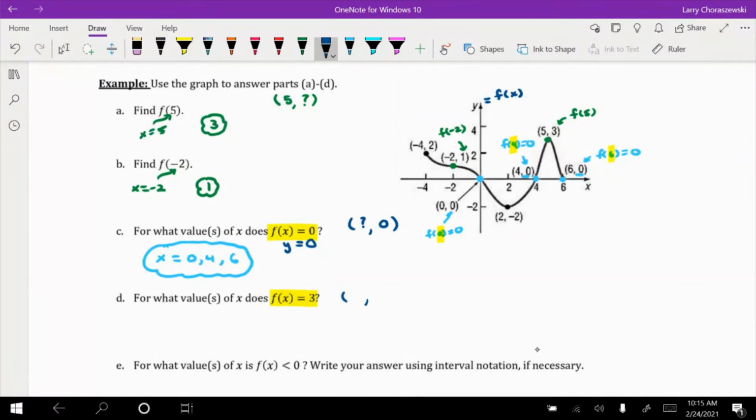So this one, we want to look for a point with a y coordinate of 3. And whatever the x value is that corresponds to it will be our answer. Yep, we actually kind of looked at that point already, didn't we? F of 5 is equal to 3 from this point. So that means that the x value giving us a function value of 3 would be 5. So x equals 5. That all making sense?